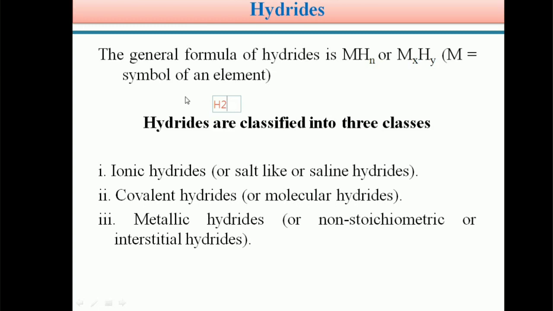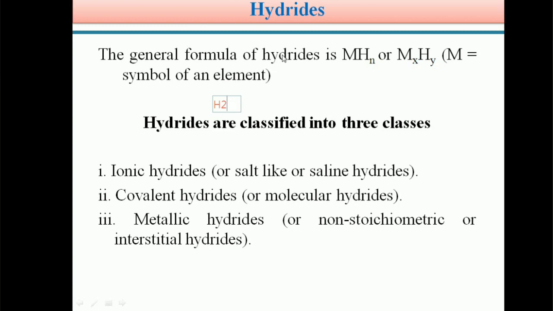Hydrogen combines with the majority of elements in the periodic table to form the corresponding hydrides under certain reaction conditions only. So hydrides are formed by H2 combining with the other elements in the periodic table except noble gases. These are called hydrides, and these hydrides are binary compounds.